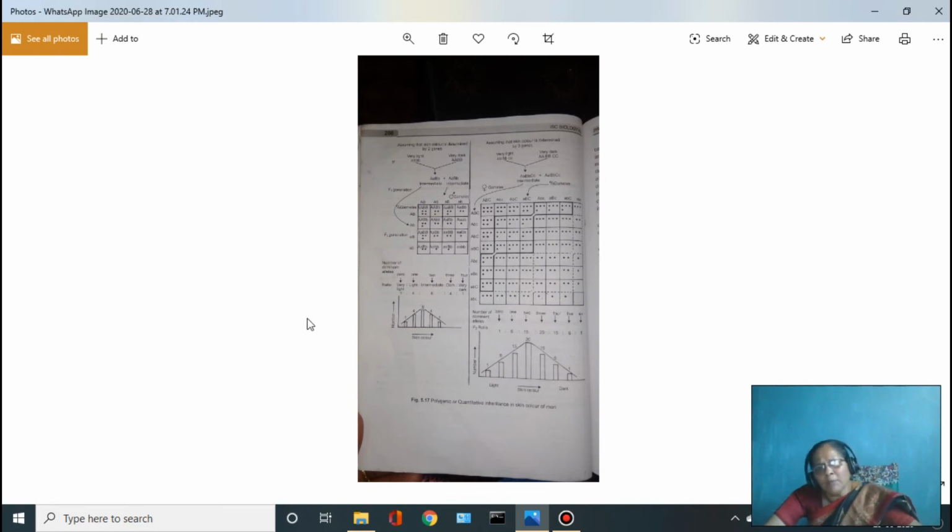In human skin color, it is controlled by 3 genes having 6 alleles present in 3 different homologous chromosomes. Before that, the color of the skin is determined by a pigment, melanin.